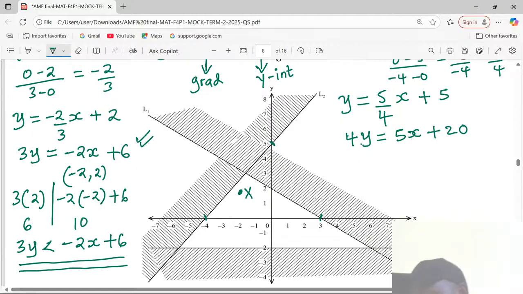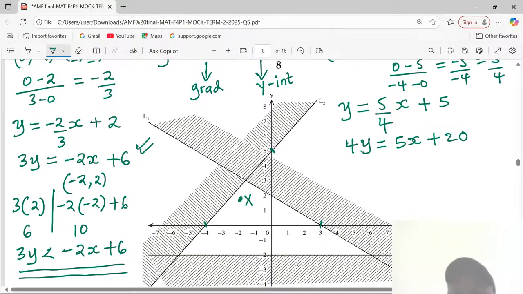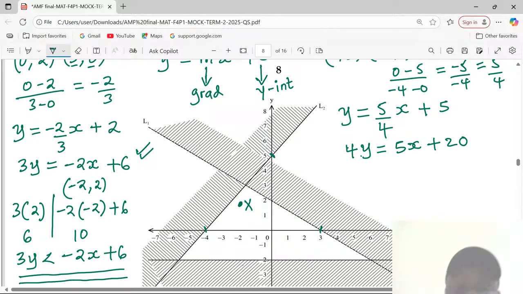We are now not having fractions. Then we can use our coordinate. Our coordinate, which is in the required side, is negative 2, 2. This coordinate should be substituted in the equation so that we know the relation between the right-hand side and the left-hand side.